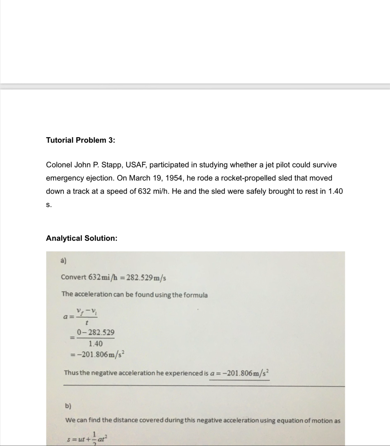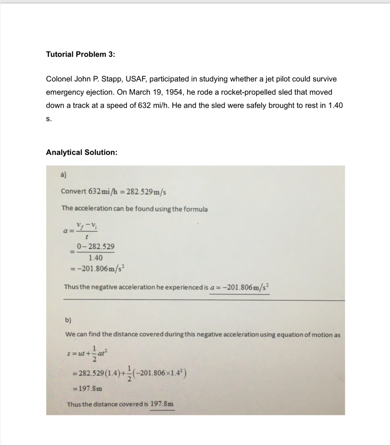The next problem is on the experiment that was done on March 19th, 1954 by Colonel John Stapp. He rode a rocket-propelled sled that moved down a track at a speed of 632 miles per hour.